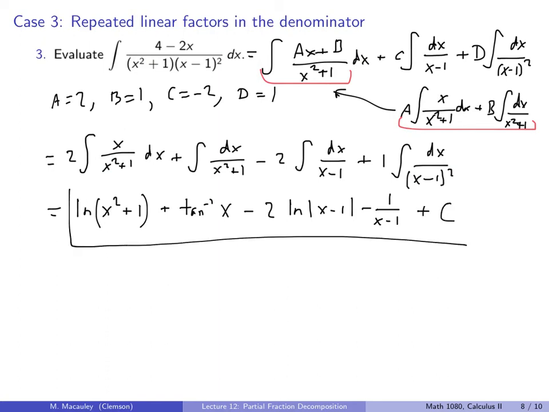Okay, there is our final answer. And once again, you probably would not have guessed a few days ago that an integral like this would ever have a solution involving a natural log, x squared, an inverse tangent, and a 1 over x minus 1 all put together, but hey, it does.